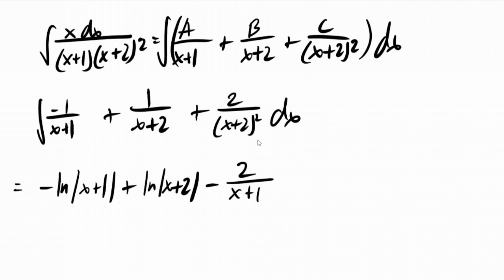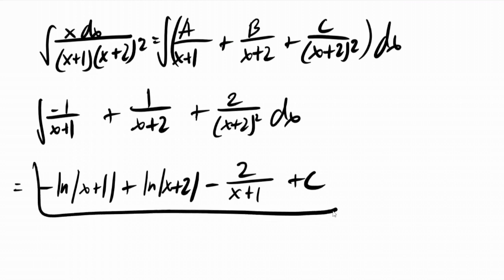If you use the power formula, this will become negative 2 here, and then if you add 1, it will become negative 1. Bring it down again, it's just 1 here, plus c, and this is our final answer.